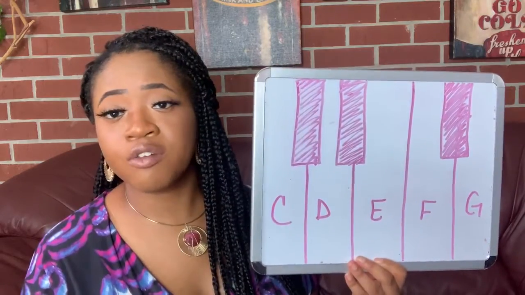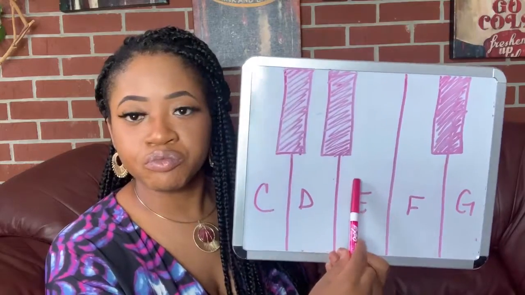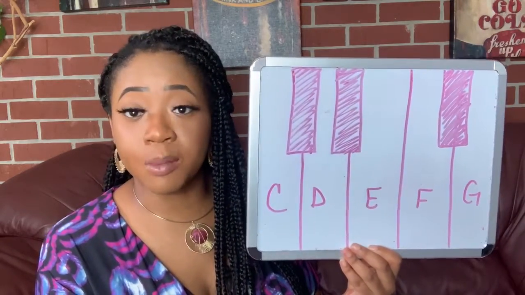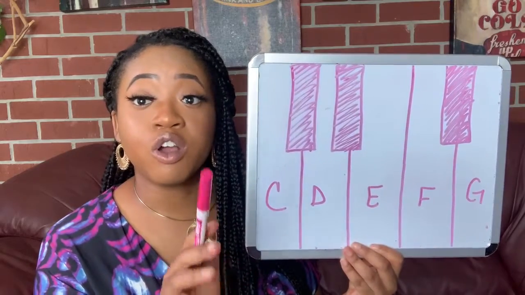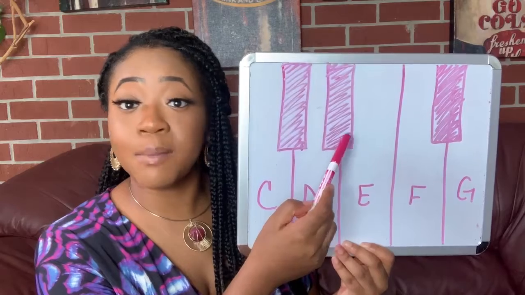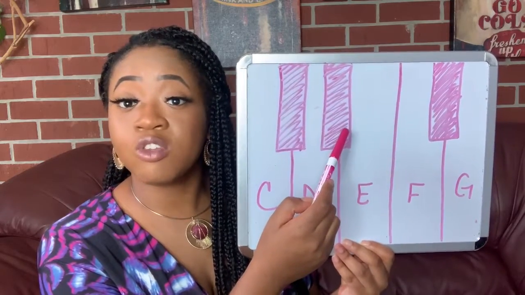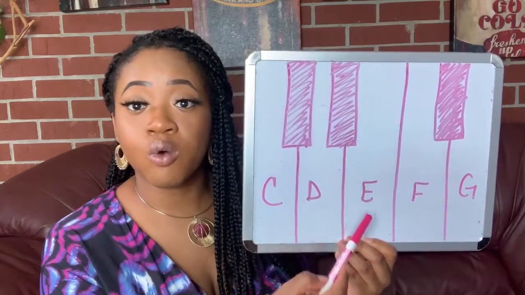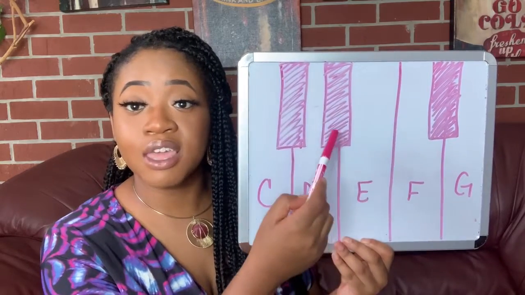Let's say we start from E, okay? And we wanted to write an E double flat. So remember, if we're going down half a step, that means we're going to E flat, but we want to make an E double flat. So that means we have to have another half step, which will equal a whole step. So our first half step, E to E flat.